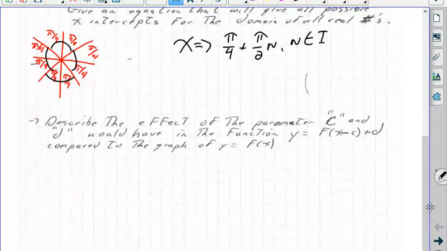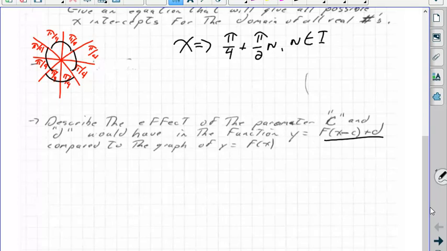Okay, so now let's take a new equation. What do C and D do to our function, going back to what we have here? C will move it left and right.